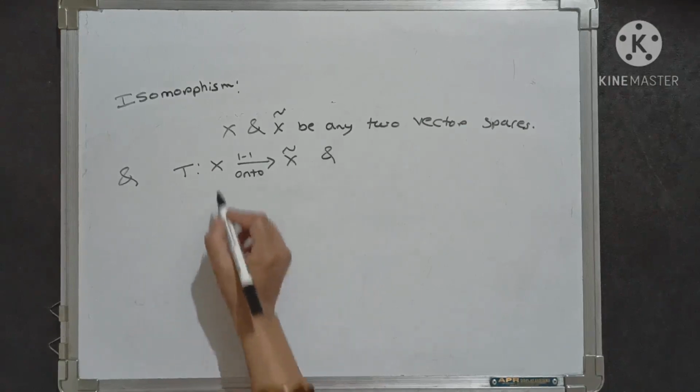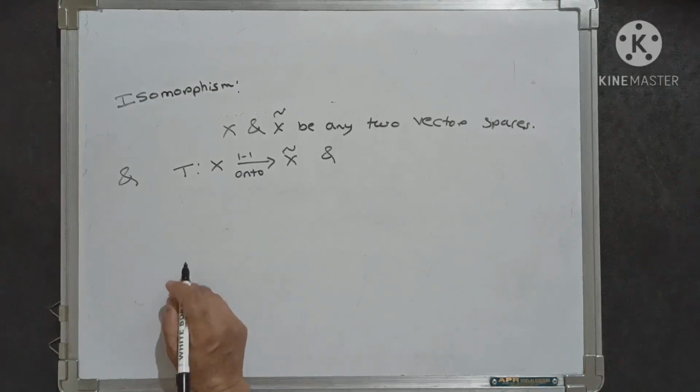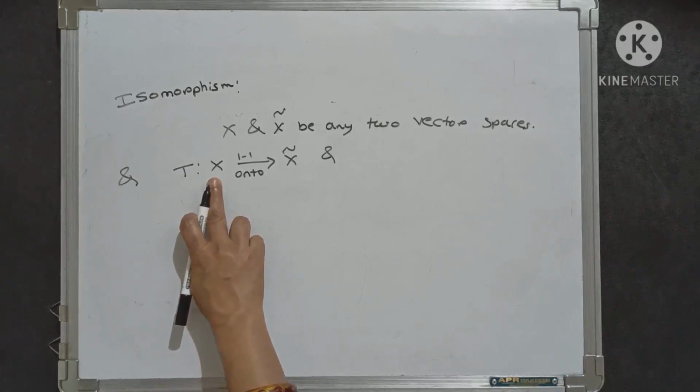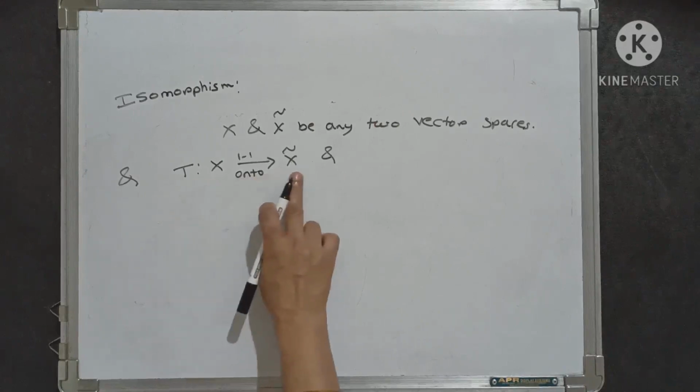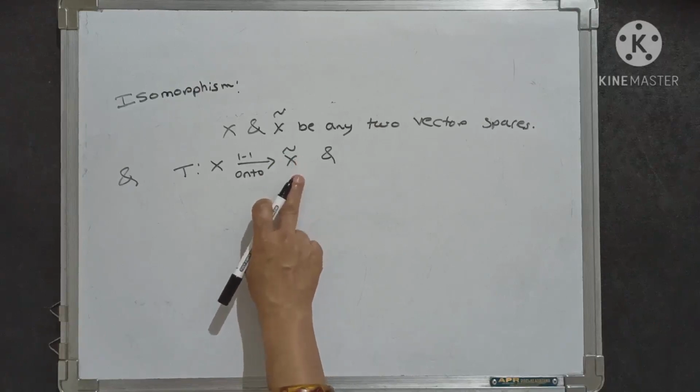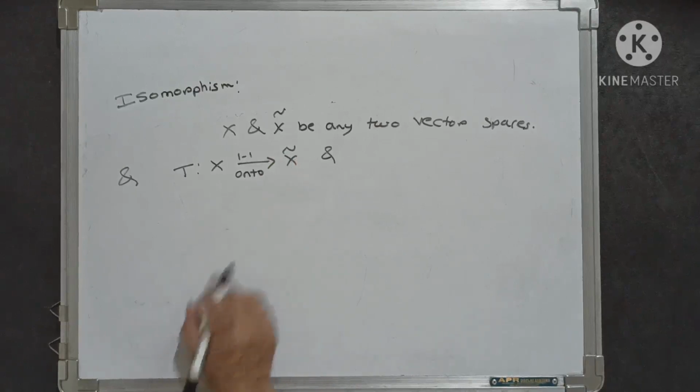Now X is a vector space, therefore it is closed with respect to addition and scalar multiplication defined in this space. In the same way, X tilde is also a vector space, therefore it also has addition and scalar multiplication.